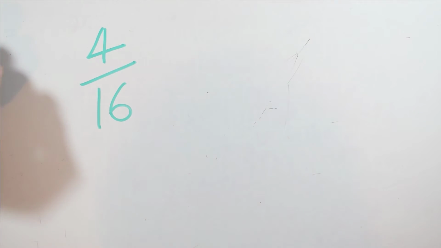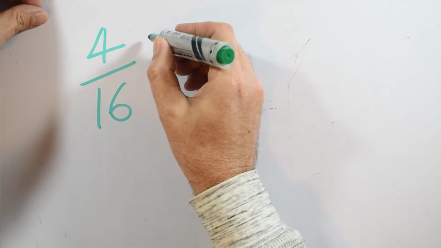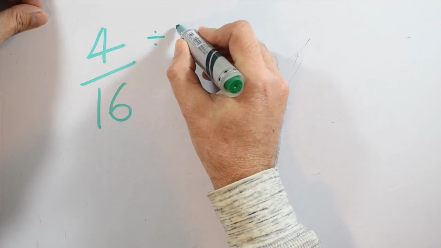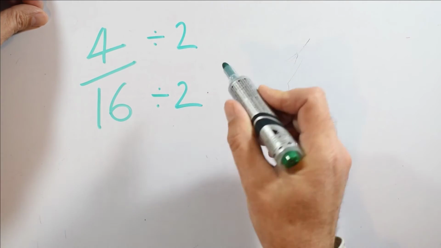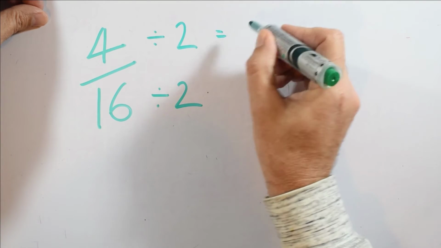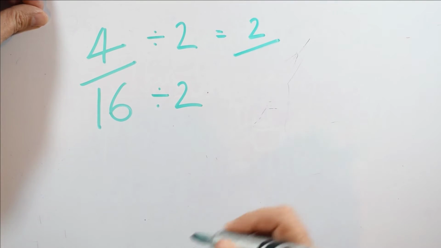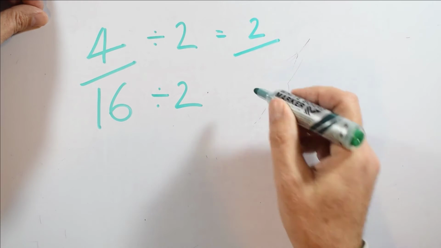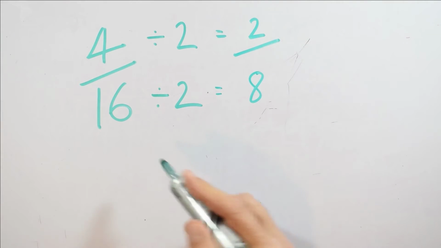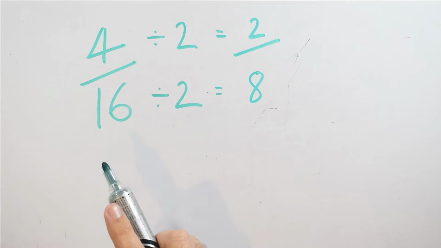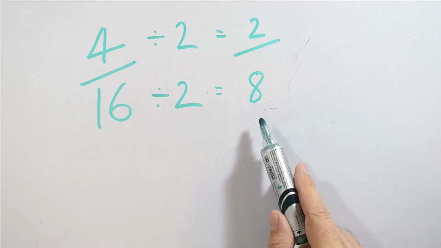So if I wanted to do something really simple, I could actually divide them both by 2, couldn't I? So 4 divided by 2 gives me 2. 16 divided by 2 gives me 8. So I could say 4/16 is the same as 2/8.